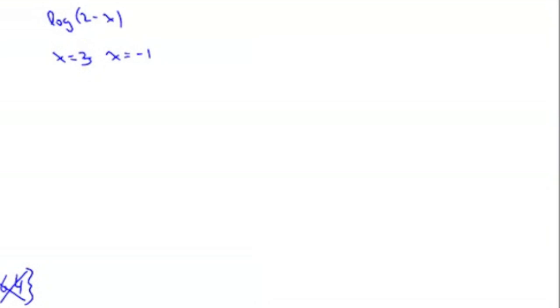Remember quadratic form way back when? e to the 2x minus 6e to the x plus 9 is equal to 0.